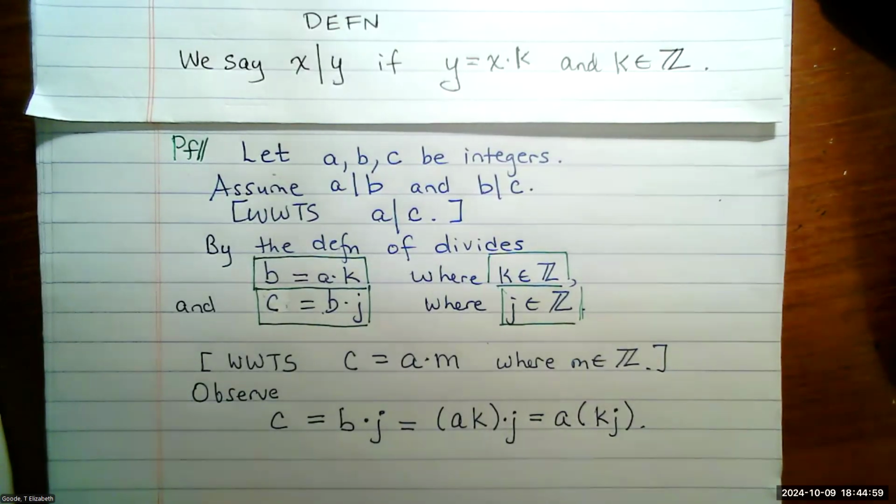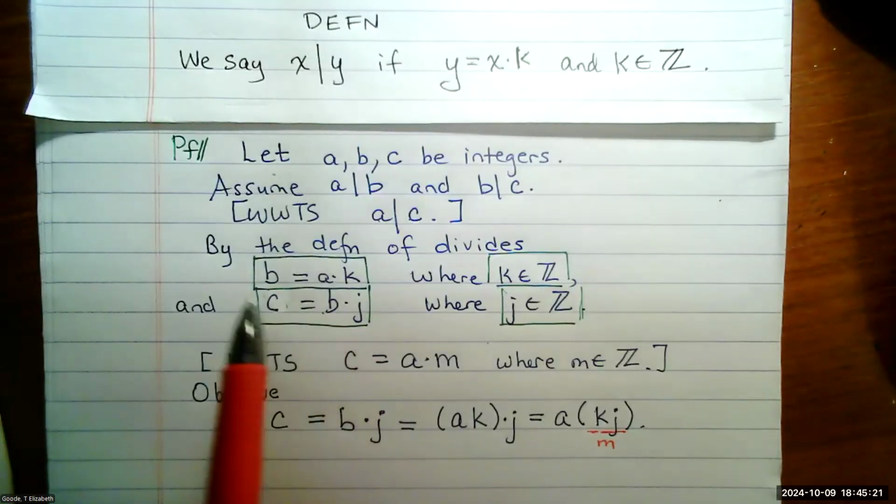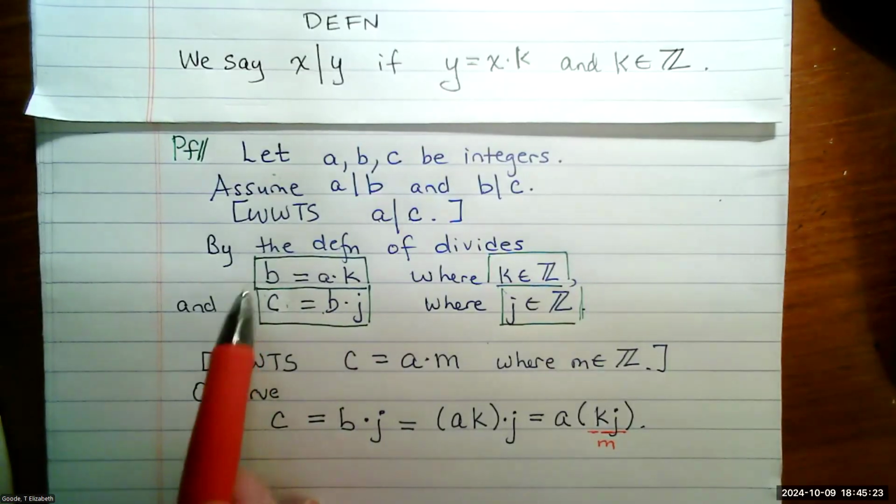Nice job. But I'm going to show the steps here. And folks, the M that we're looking for, the integer M, it's right here. It's going to be K times J. That's going to be our M. So we started with C, and we turned it into an expression that has a factor of A and the factor KJ, which is going to be our M. So we just burned this proof money and this proof money.